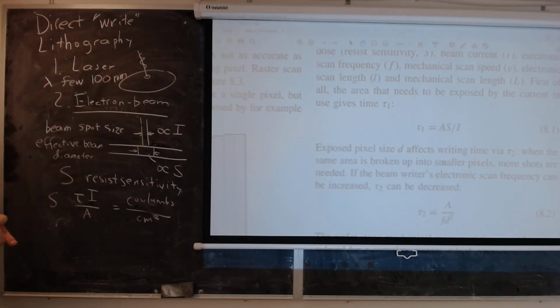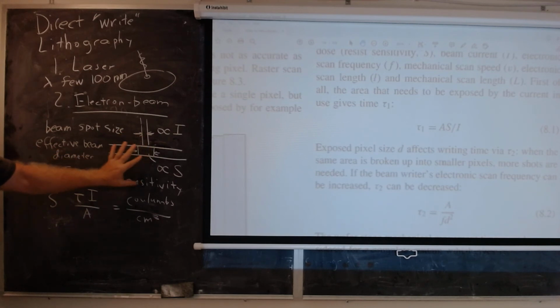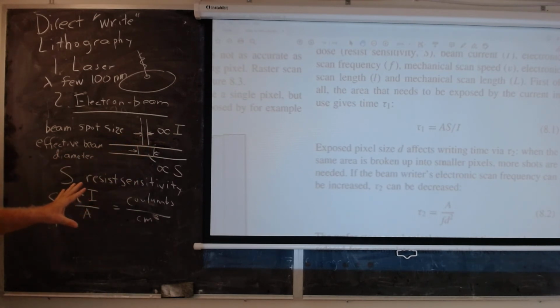Meaning it's necessary for them to undergo this scattering process in order for this exposure to happen, because it sounds a little bit converse, but the higher the energy of the electron, the less likely it's actually going to produce a reaction on the molecule. So it has to slow down a little bit in order for that reaction to take place.